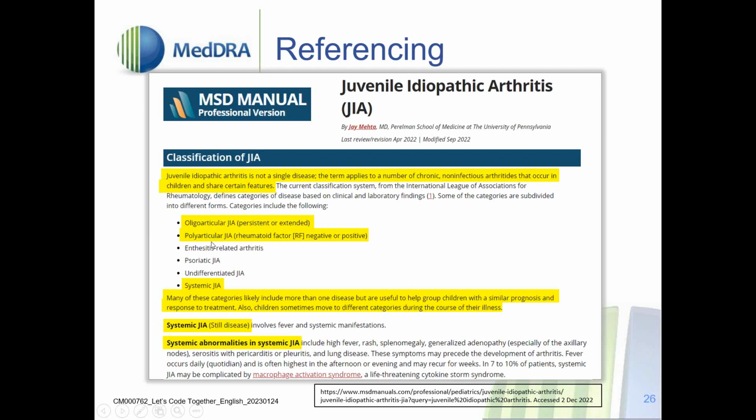So you should make sure that if you have the number of joints that are affected, polyarthritis is the correct PT to code to, or whether oligoarthritis would be more appropriate. So these are things that are worthwhile to consider for coding conventions.